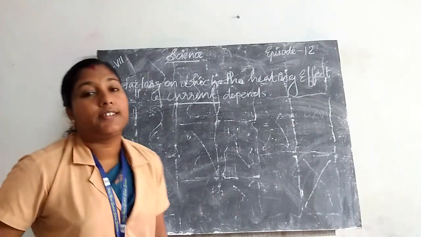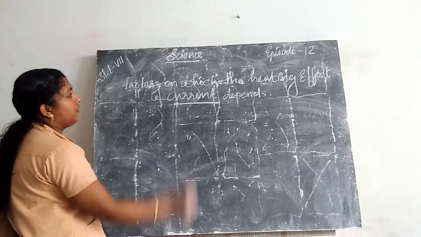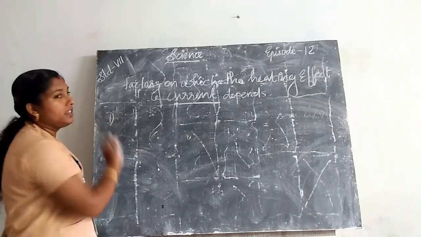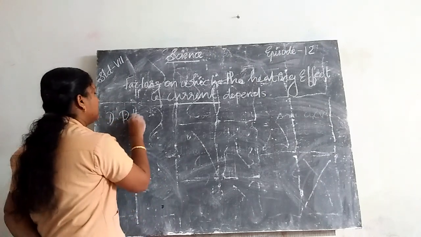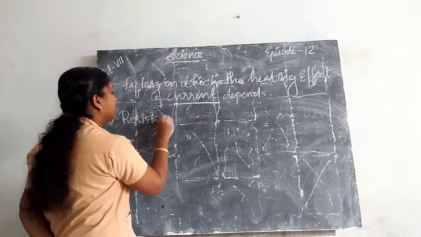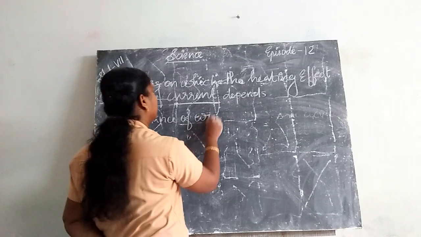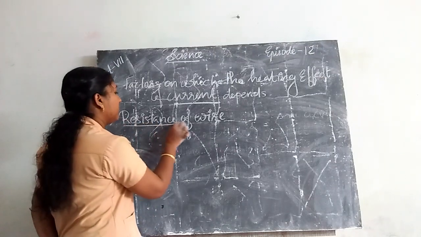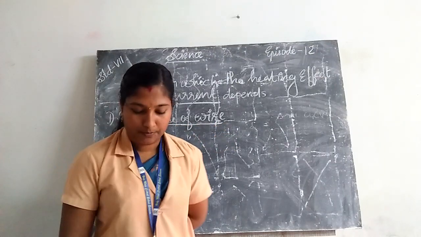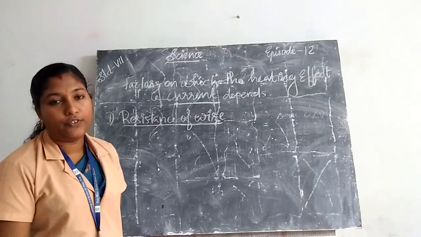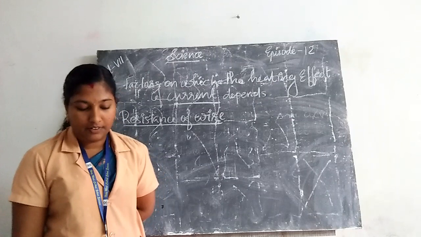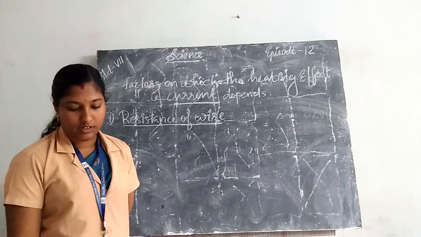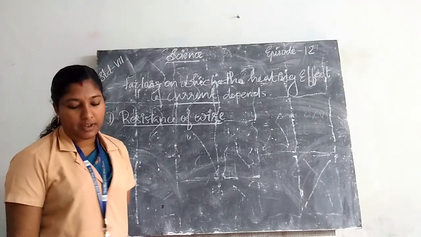Factors on which the heating effect of current depends. First factor, the resistance of wire. Greater the resistance of a wire, greater will be the heat produced in it by a given current.